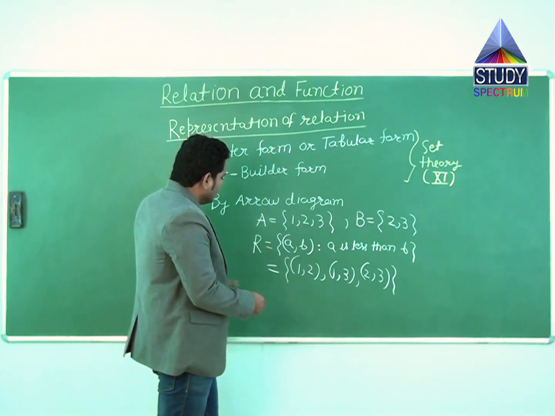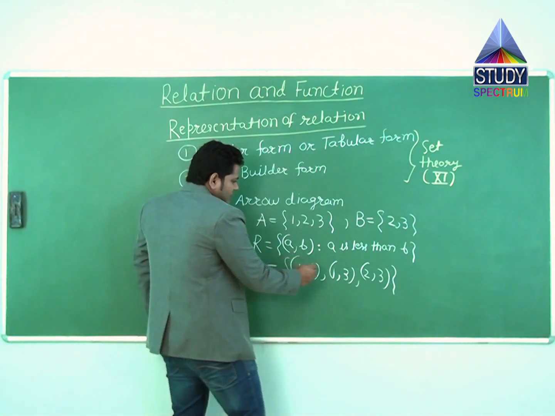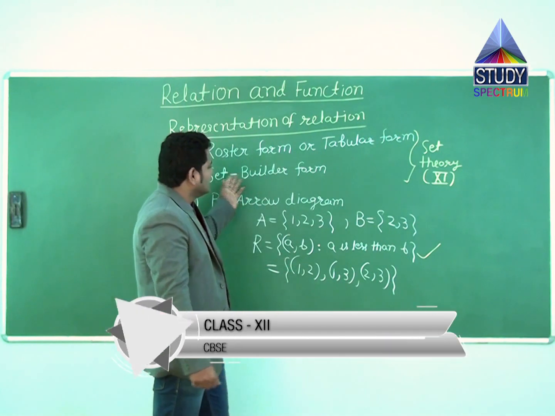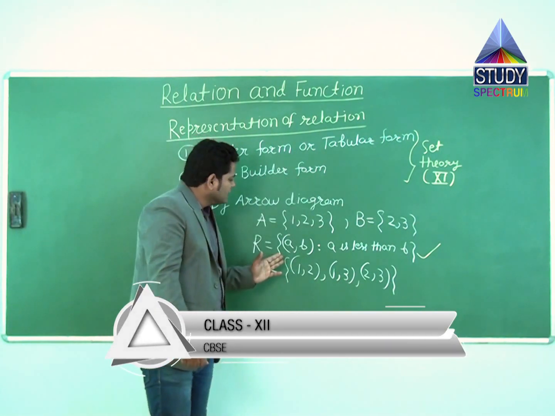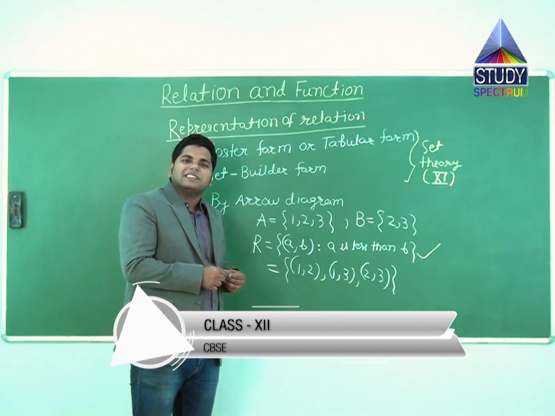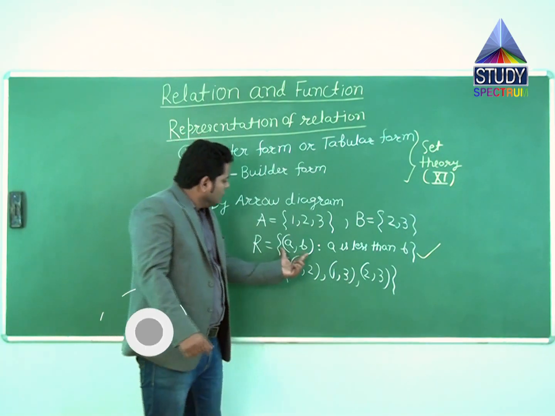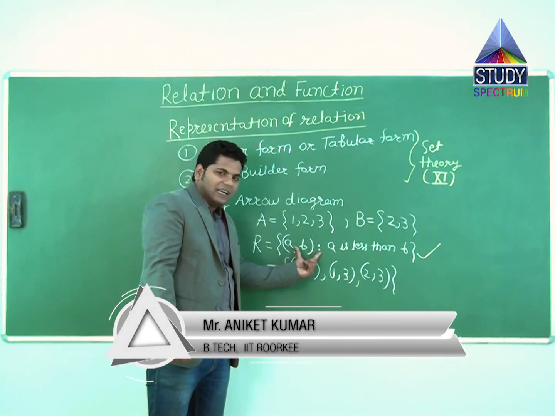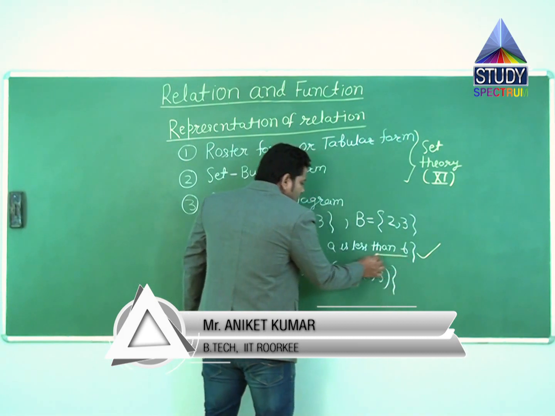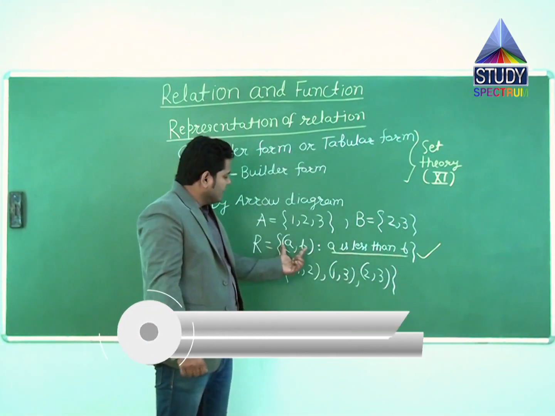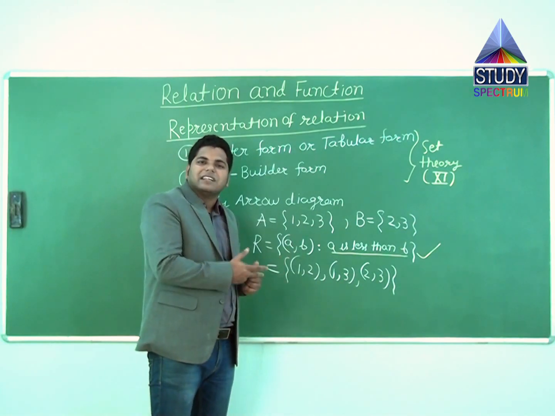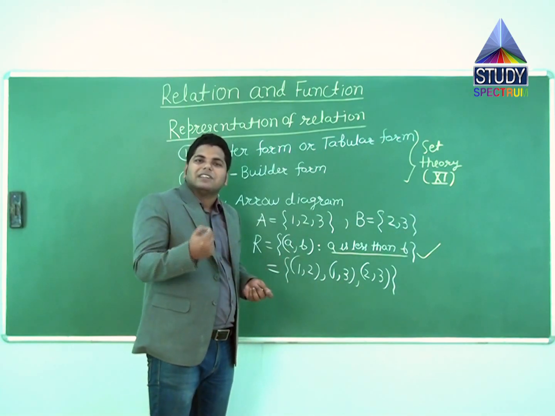Now understand this form of representation. This is the set builder form. What is the element of a relation? The element of a relation is an ordered pair. So we write the property of the ordered pair, meaning how the first and second components are related, the condition for that relation.